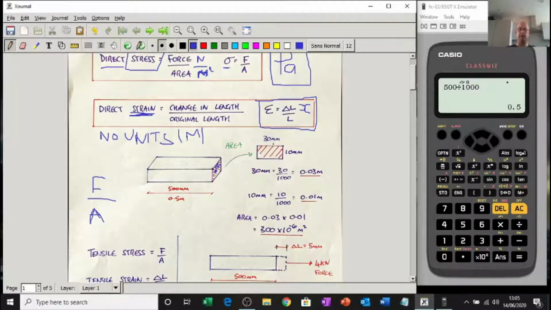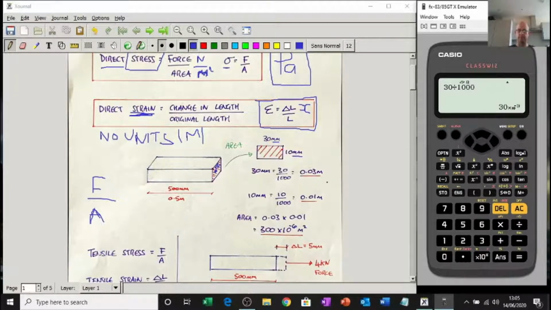Now we can't be in millimeters. I suggest you convert into meters first. Don't work it out and then divide it by 1,000, because that's wrong. So 30 millimeters is 30 divided by 1,000. So you need to convert into meters first. So you can do this, look. 0.03.